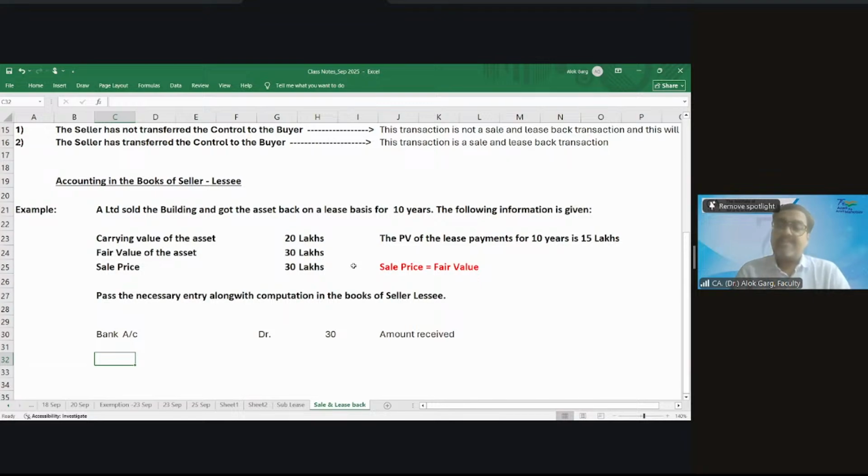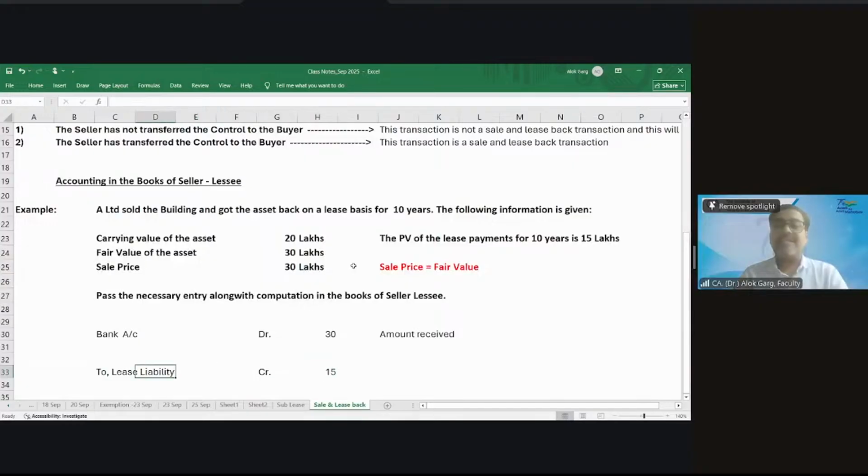Second, you have a lease obligation of 15 lakh also.